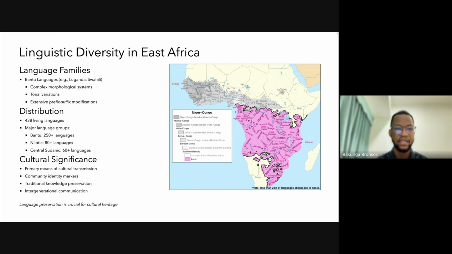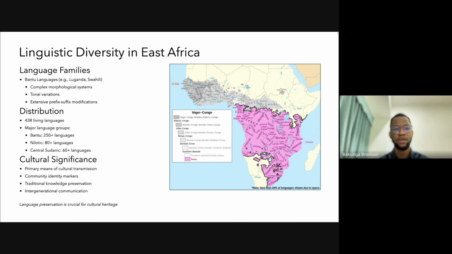So we can see that there are different language families. And this is sort of a problem that I believe African countries have the most, because we have so many languages. So for example, you can see that within this very same region of East Africa, we have Bantu languages. We also have Nilotic languages. We also have a few other languages.